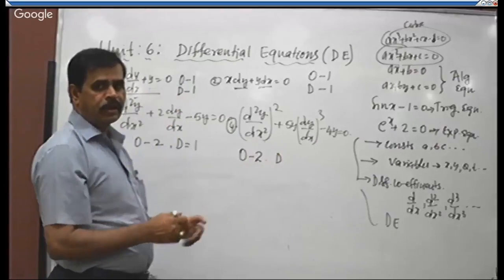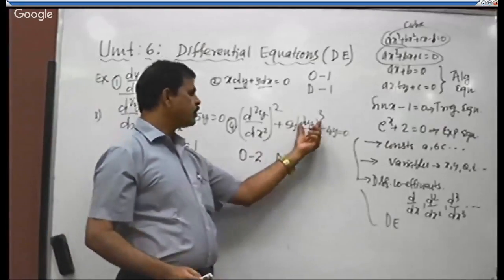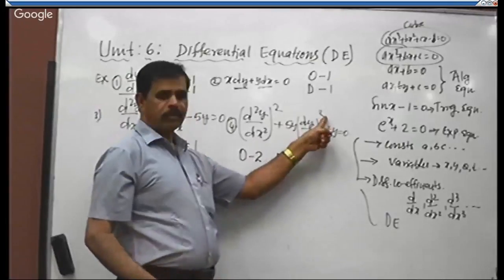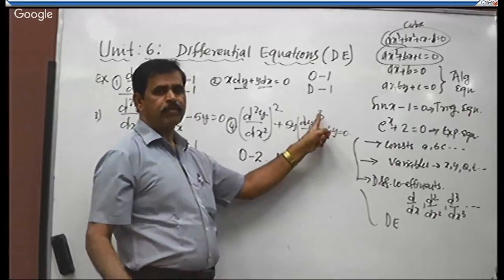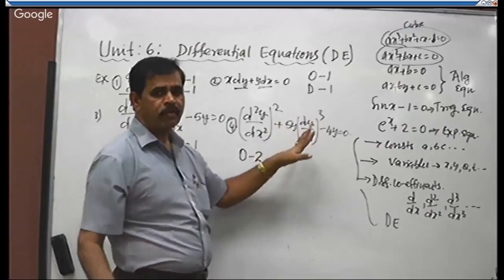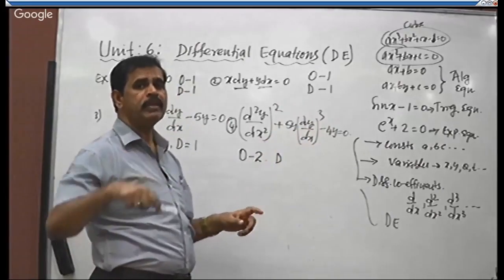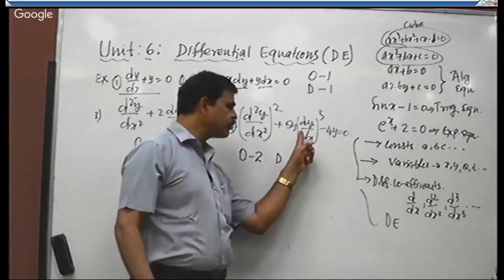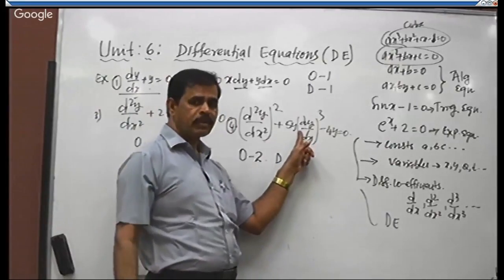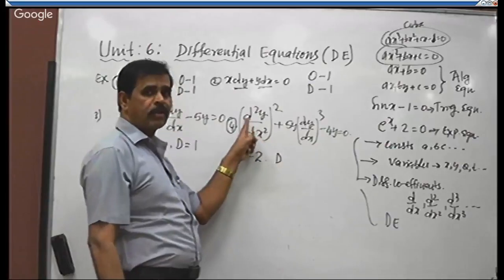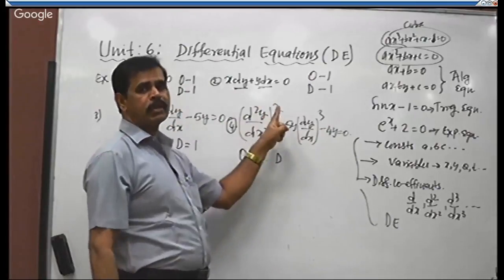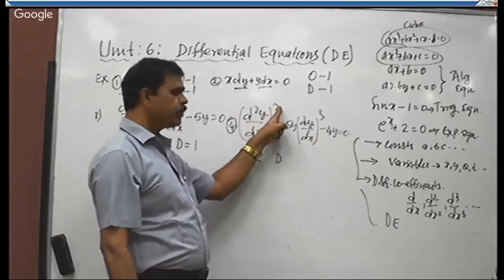See, degree, don't get confused. This first order term has power 3, which is greater, but we should not consider it. Why? We should take the highest power of the highest derivative. This is not the highest derivative in the equation. Which is the highest derivative? This is the highest derivative. Therefore, whose power should be taken? What is its power? Power is 2.